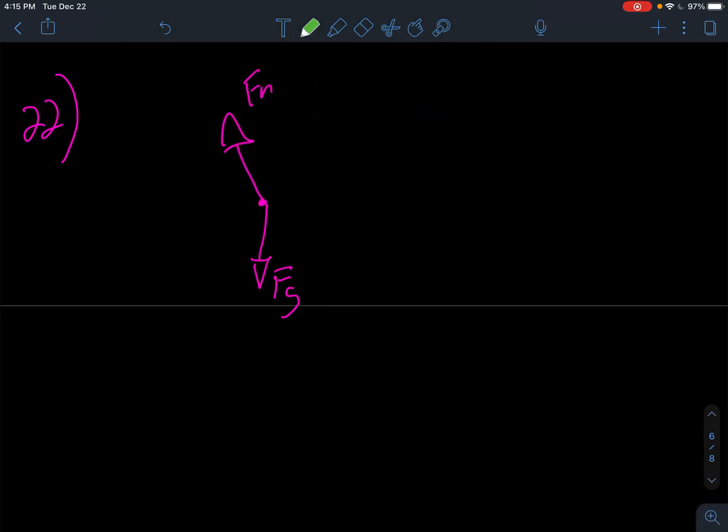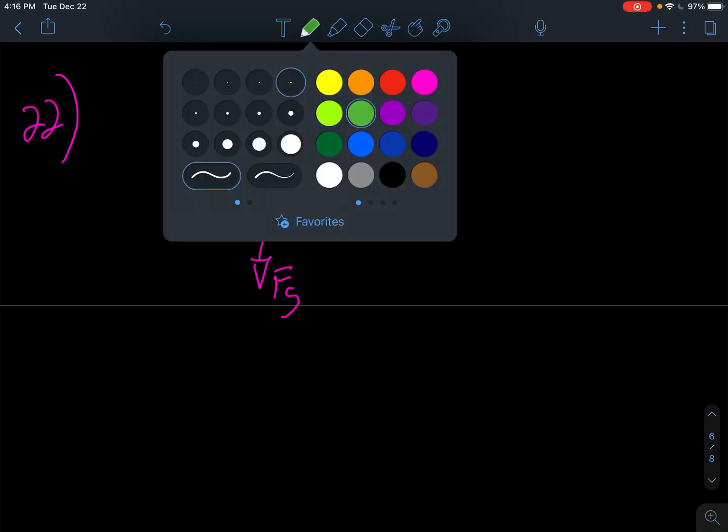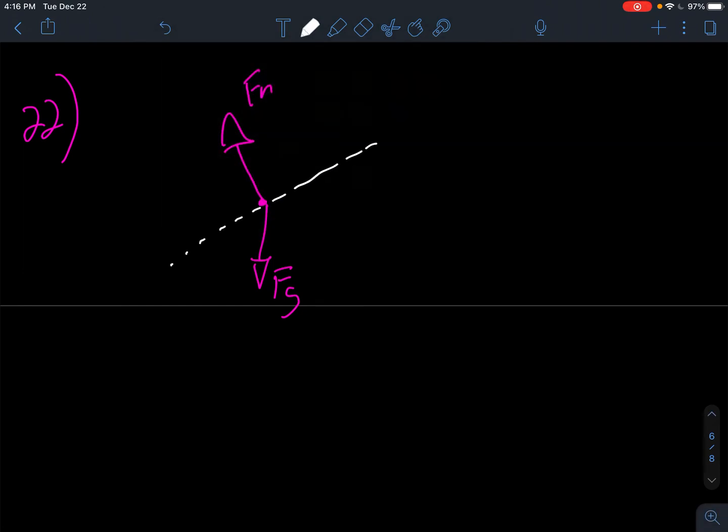So we're going to have to realign our X and Y. In a real life scenario, you'd have friction here too, sorry, forgot that.